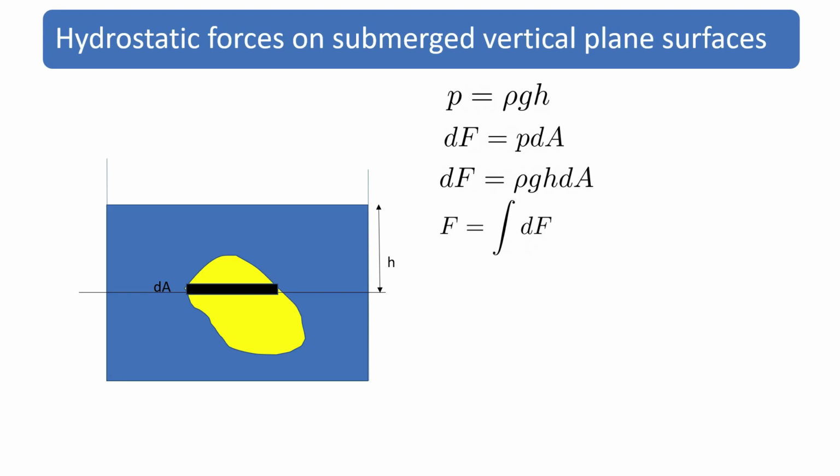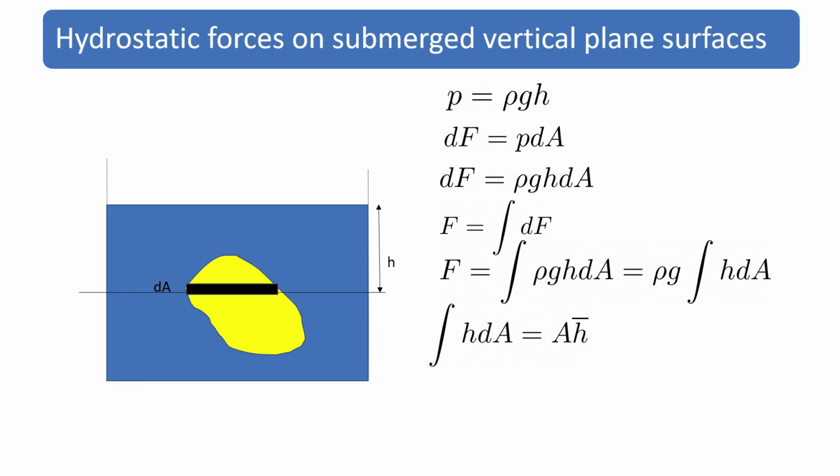So the total force acting on the body is equal to integral of dF, and that force is equal to integral of rho gh dA, because dF is equal to rho gh dA. If you integrate, you will get rho g integral h dA. And integral h dA is equal to A into h bar.